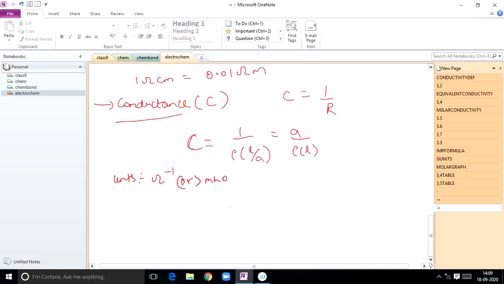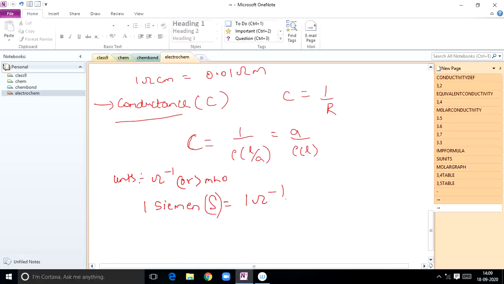You have to remember that this is expressed as 1 Siemens, capital S, is equal to 1 ohm inverse. That is a very, very important point.